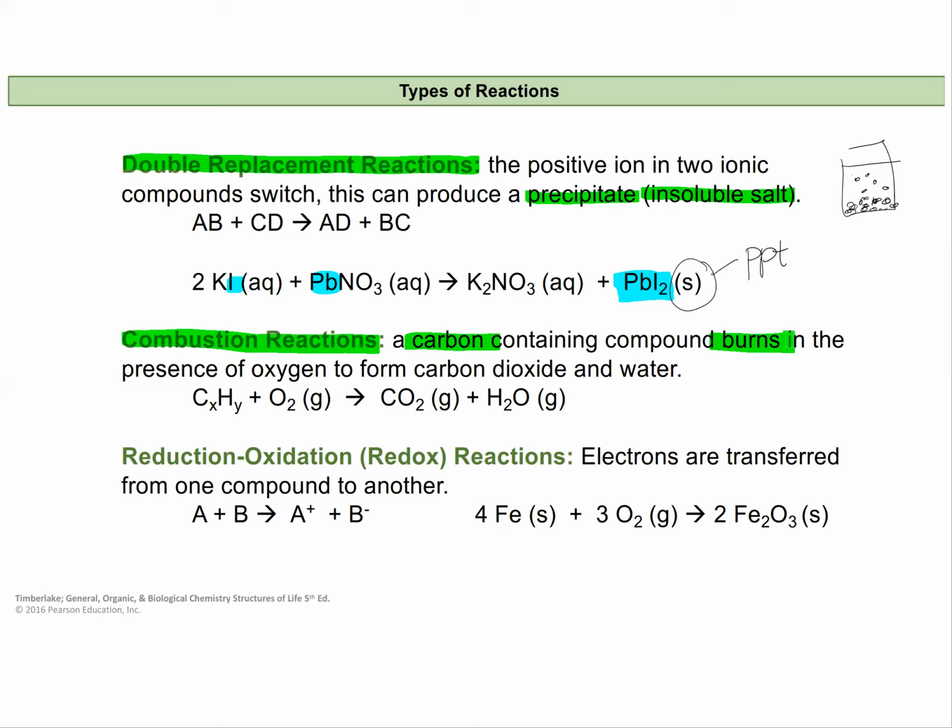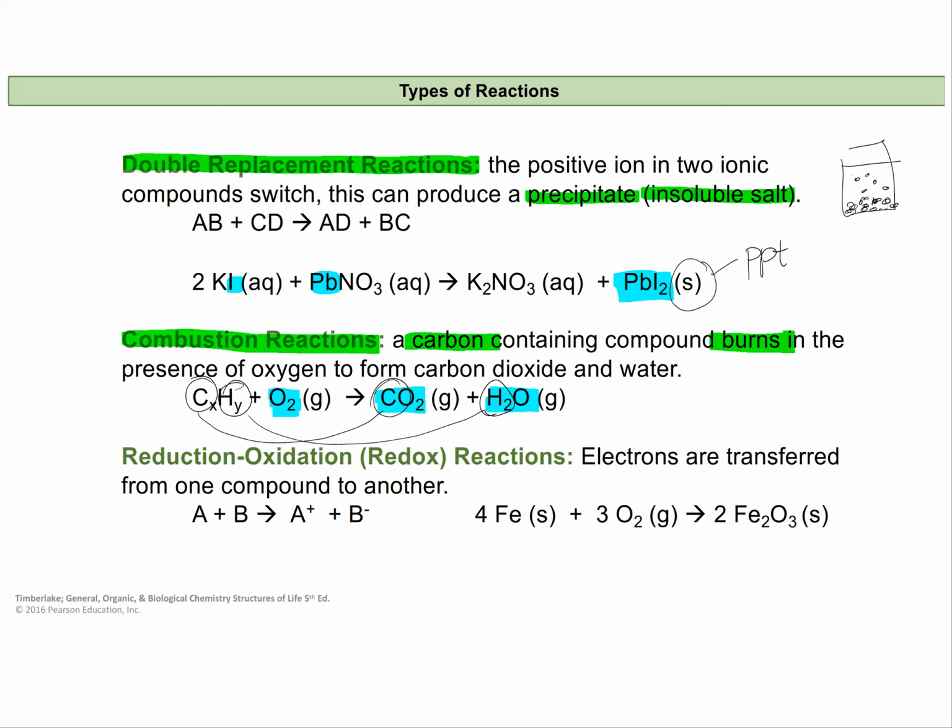And so these always have a pattern where you have oxygen as one of your reactants, and then you have carbon dioxide and water as 2 of your products. And that carbon dioxide carbon is forming from the carbon in your starting material, and the hydrogen from your starting material is getting turned into the hydrogen in water.